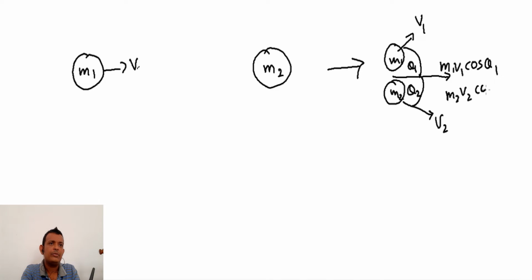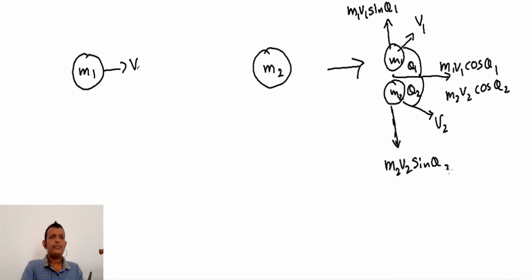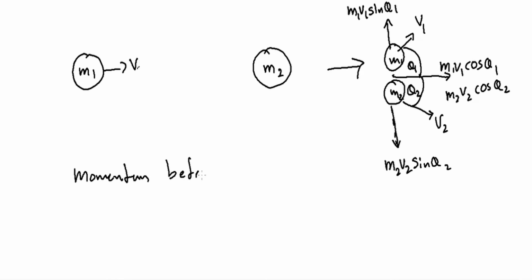If I consider the vertical one, vertically it is m1 v1 sin theta 1, and the other one, in the downward direction, is m2 v2 sin theta 2. So now let's talk about the momentum before the collision equals the momentum after the collision.